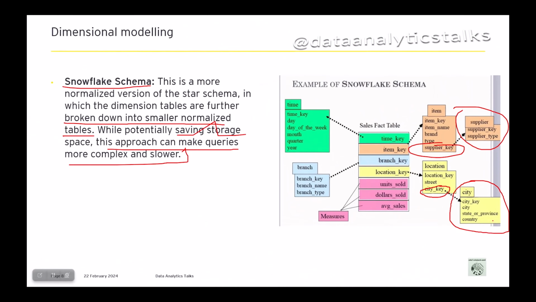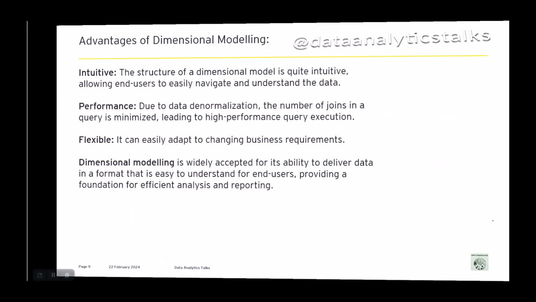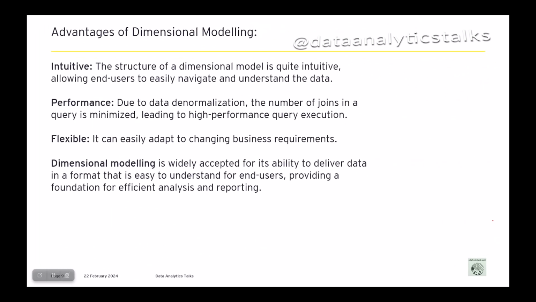Of course, because of this schema, there are many advantages. One is that it is intuitive. The structure of the dimensional model is quite intuitive, allowing end users to easily navigate and understand the data. From a performance point of view, it is much faster because, due to the denormalization, the number of joins in a query is minimized, leading to high performance query execution.